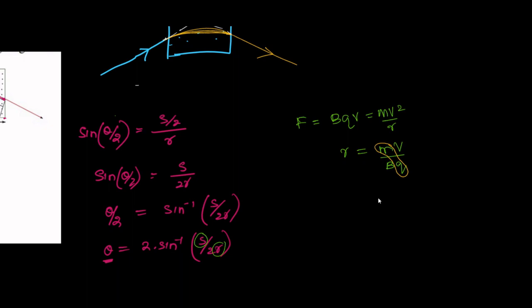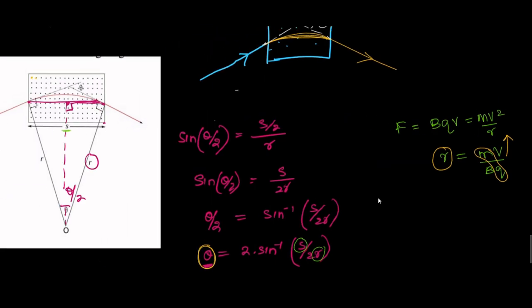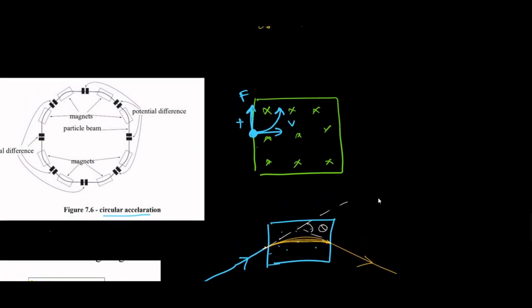velocity, when it is going in a circle, is going to keep on increasing, right? When the velocity increases, then r will change. If r changes, angle theta will change. If angle theta changes, then this particle cannot exactly go through this potential difference.